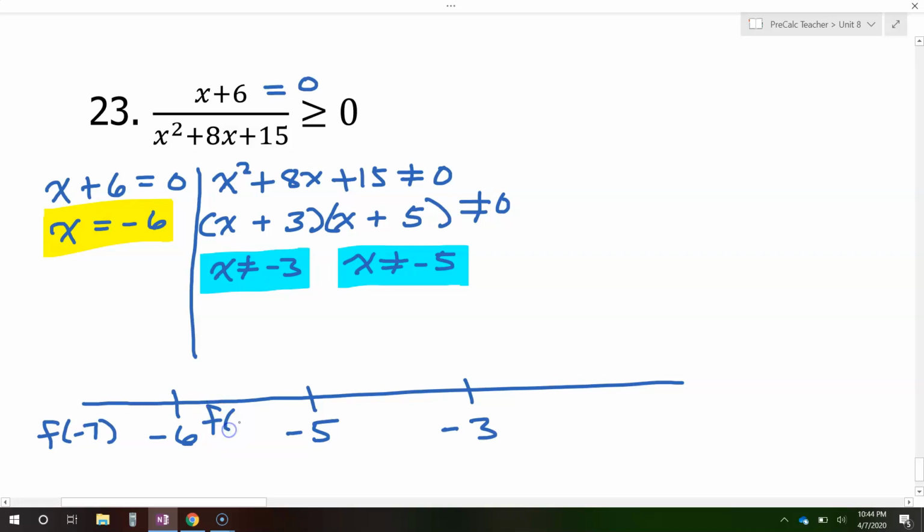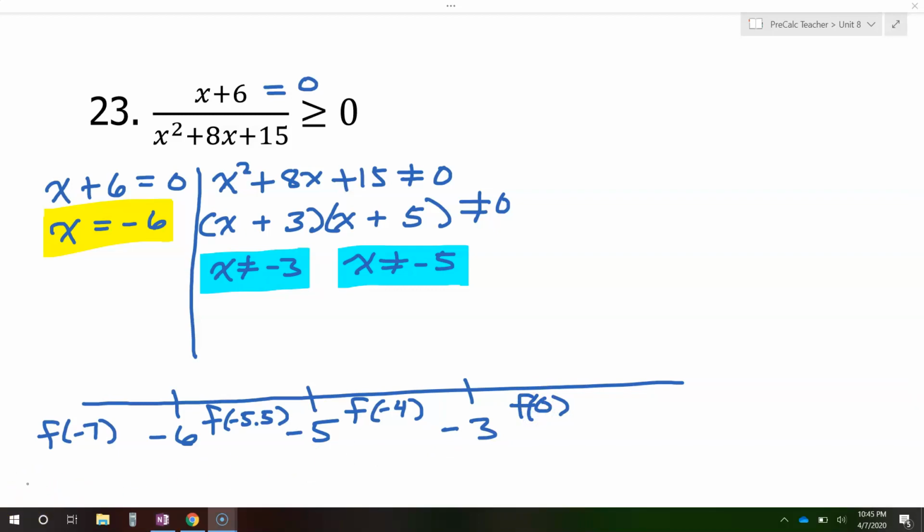So let's just do -5.5, all right, which is annoying, but hey, we do what we have to do. Between -5 and -3, we will do -4, of course. And then over here, let's do 0. Always do 0 when you can.